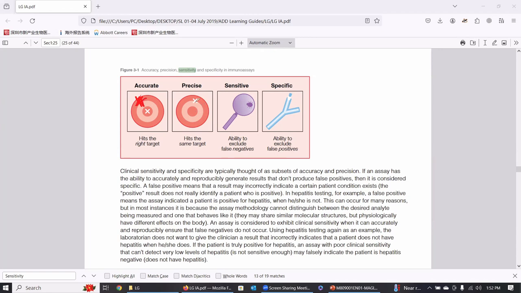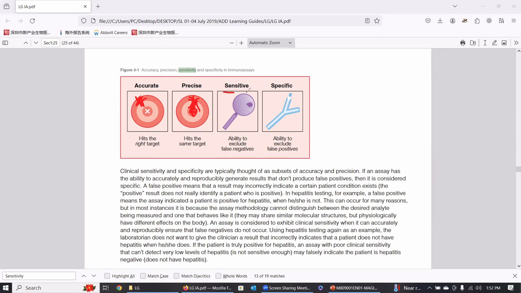If the results continuously come within this area, this is called a precise result, but it's not close to the target. They are far away from the target. It's called inaccurate results, if the concept of accurate and precise is clear.